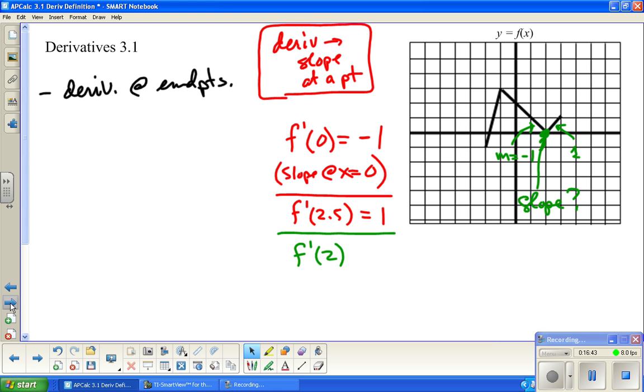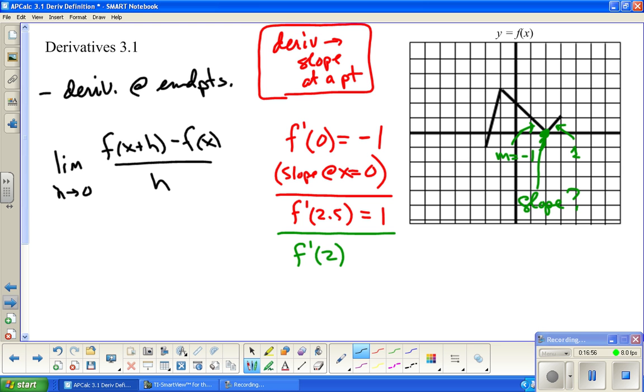Now this is really where the limit issue kind of pulls back in. If I'm going to say the limit as h approaches 0 of all that stuff, then if I do that, that's from the right. If I do this, that's from the left.